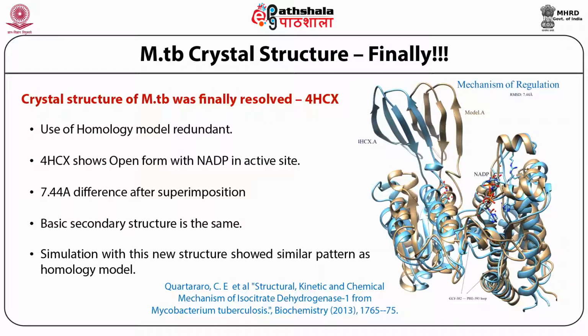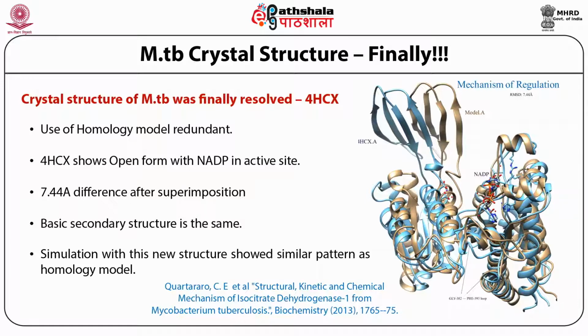There is a large lid difference. It is something like a cover closing the active site, shown here. So this is a model of the dimer and the crystal structure of the dimer. What we understood is that the model we built was based on a closed structure, whereas the crystal structure is an open form with NADP bound to it.